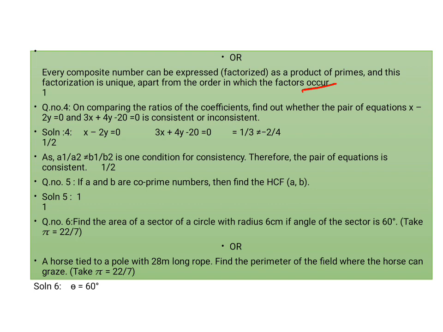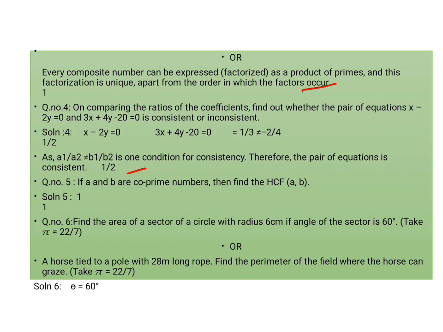Here we know that to find consistent or inconsistent, we have to use the formula a1 over a2 is not equal to b1 over b2. While we solve it, it will come 1 by 3 not equal to minus 2 by 4. Therefore, the pair of equations is consistent. Here you will get half and half marks.